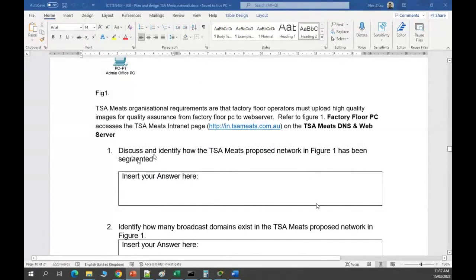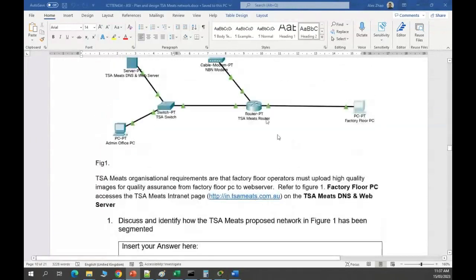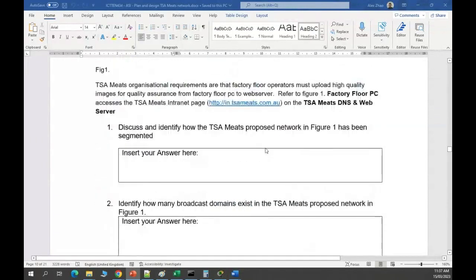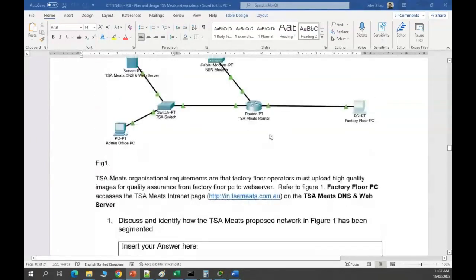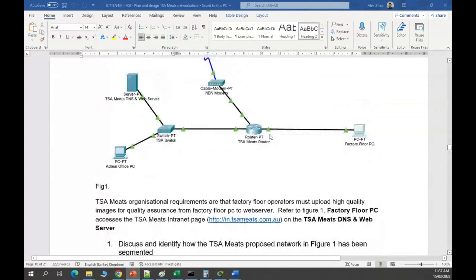Okay, discuss and identify how the proposed network in figure 1, this is figure 1, has been segmented. So if you don't know what the word segmented is, it means divided. Okay, so what device is dividing it? Do you need to explain everything?